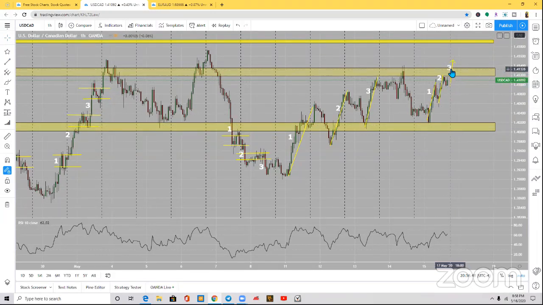A third push is maybe expected since price is already pushing up and we're looking for buys. So when the market opens, we might get that third push up to this resistance right here, these 2 wicks, which could be, let me see, a good, you could say about 30 pips. About 30 pips, yeah.